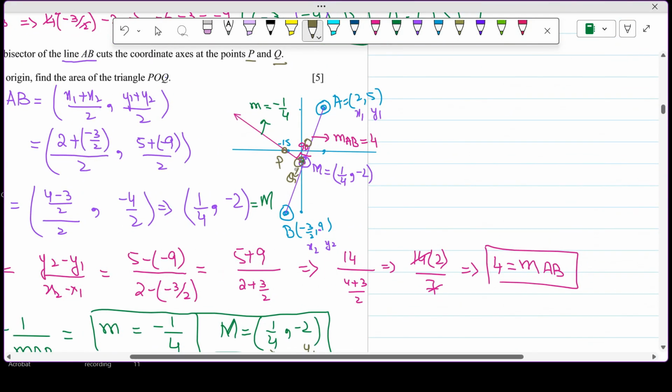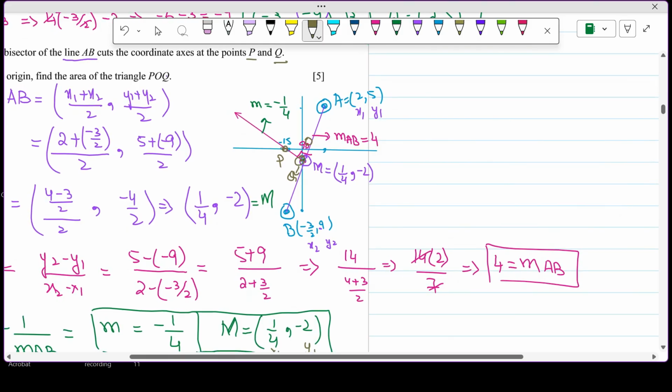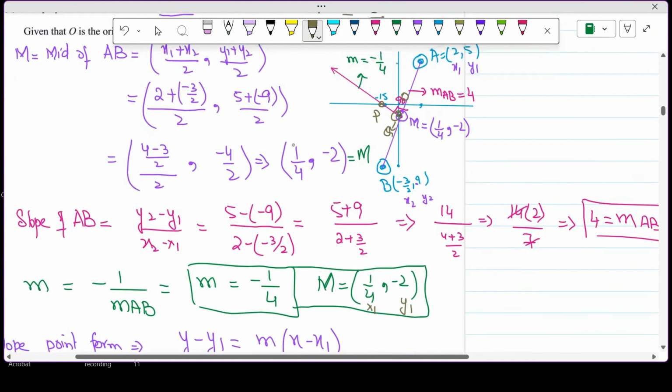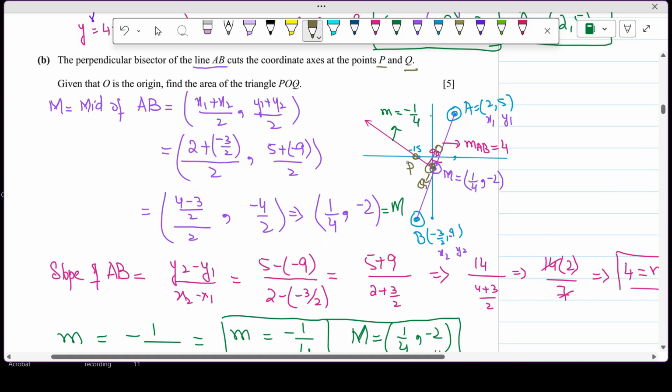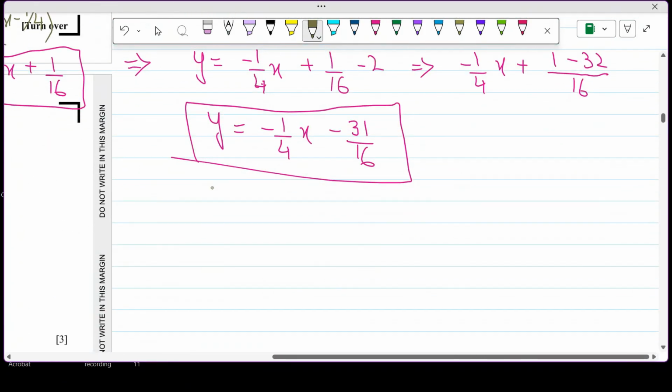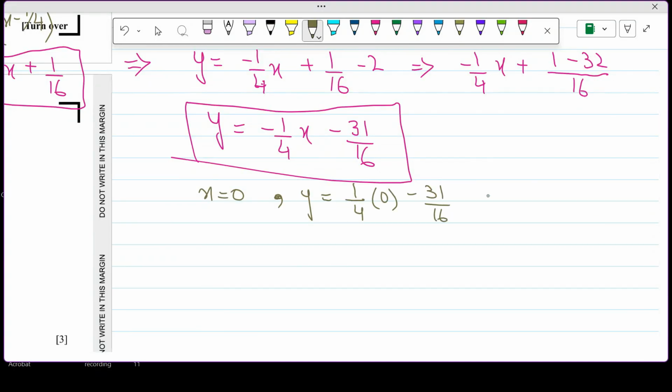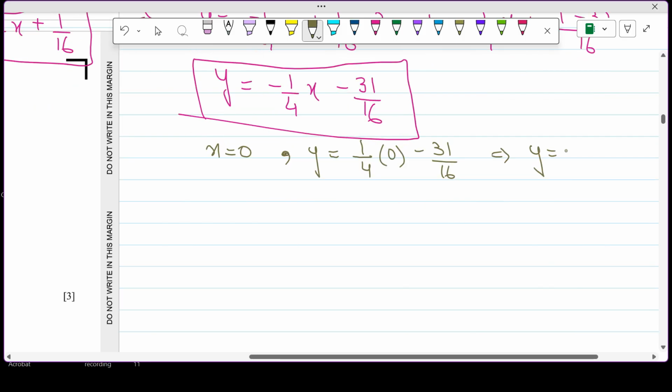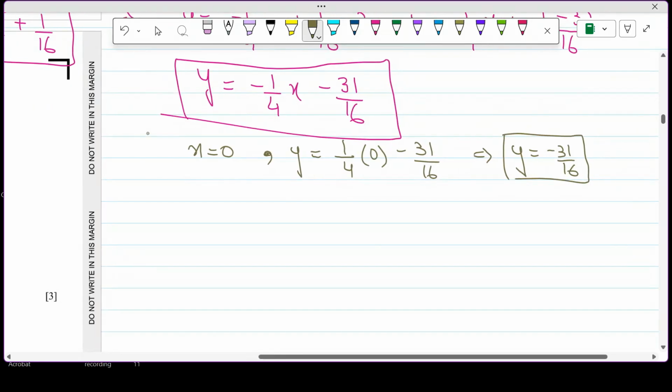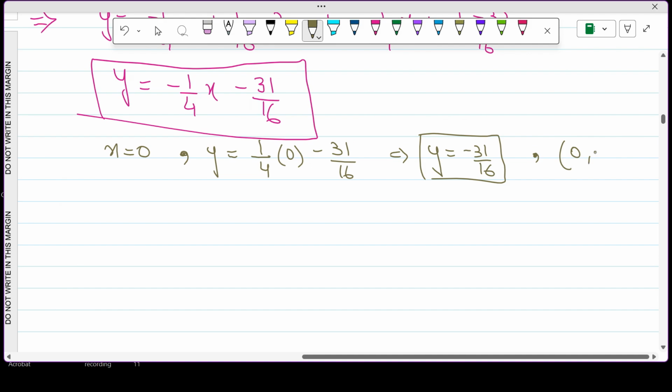So this line is passing through the x-axis and y-axis, so we need to find the x and y intercepts of the perpendicular bisector. When x is equal to 0, the y-intercept is equal to -1 over 4 times 0 minus 31 over 16. So we can say that the y-intercept is equal to negative 31 over 16. So we have the point 0 and negative 31 over 16.